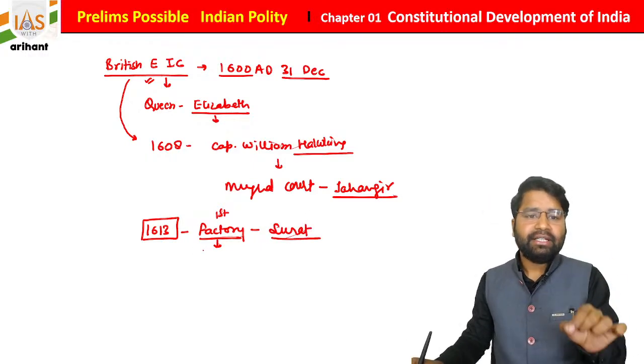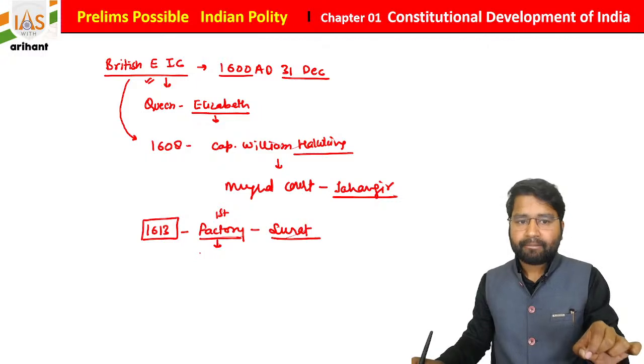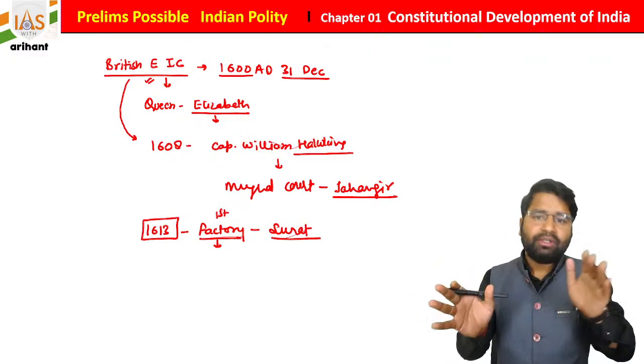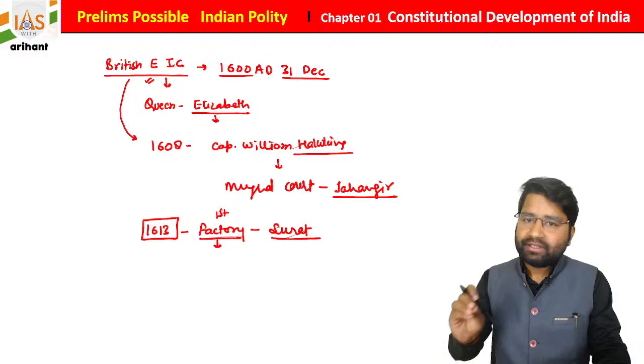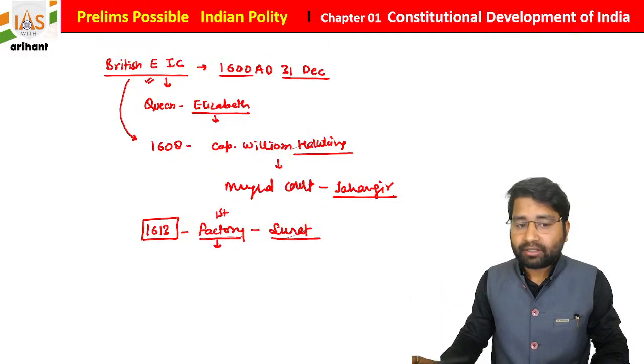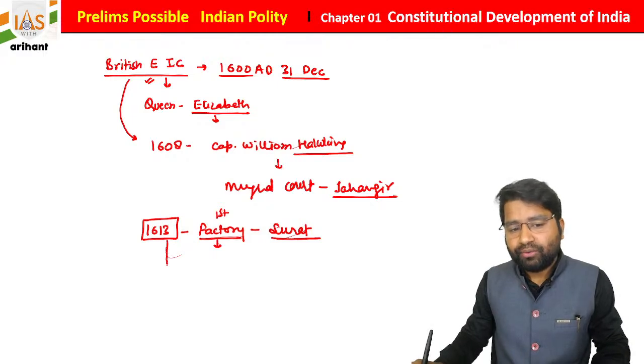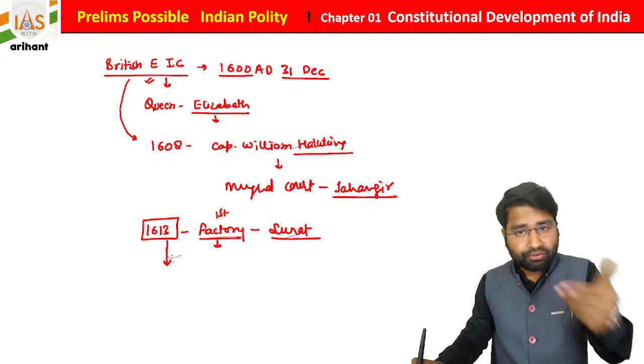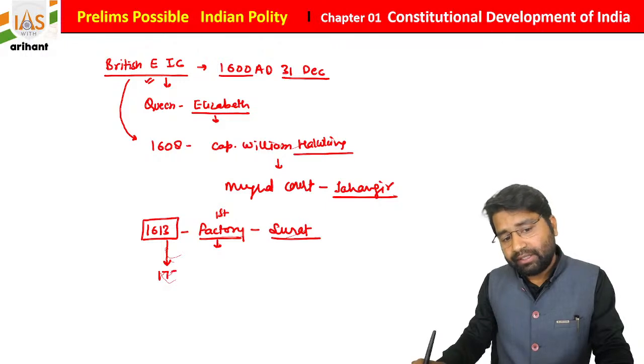Students, initially the British East India Company was totally doing trade in India. They did not have any political control, but there were two very important events that took place in India. One is 1757, called the Battle of Plassey.